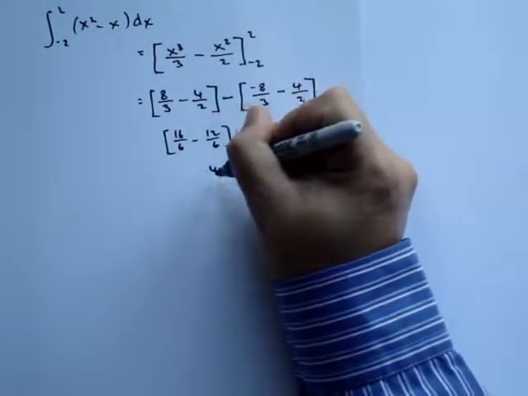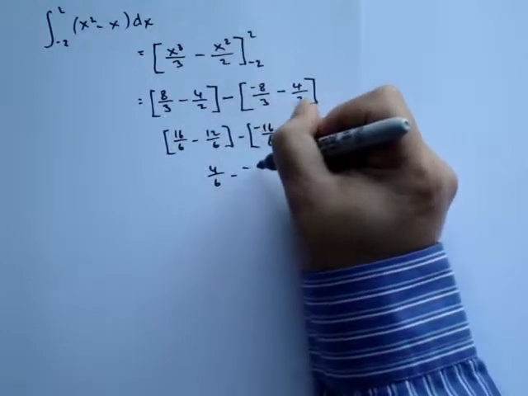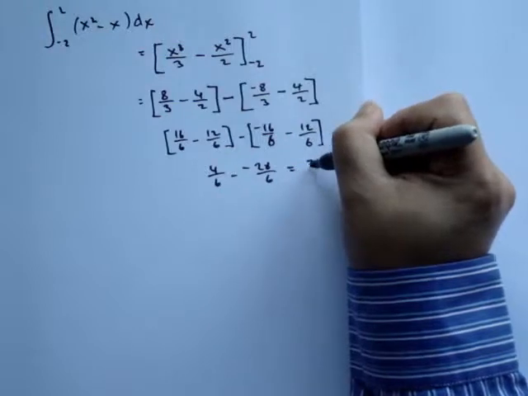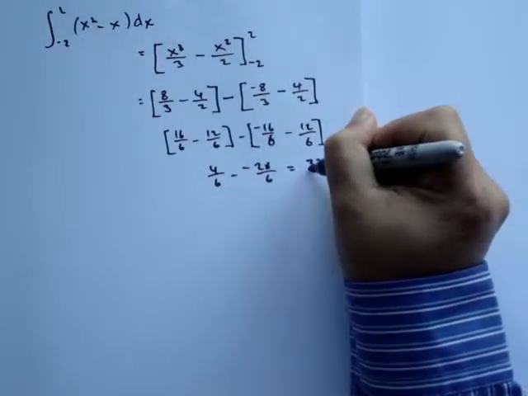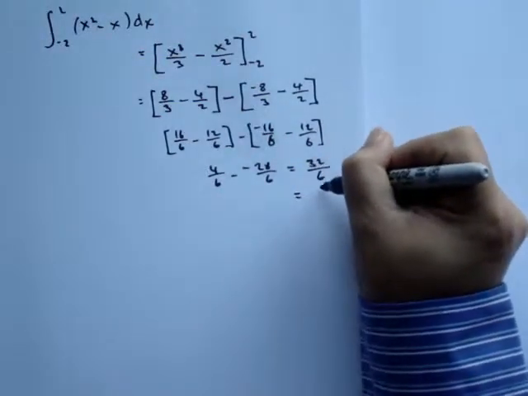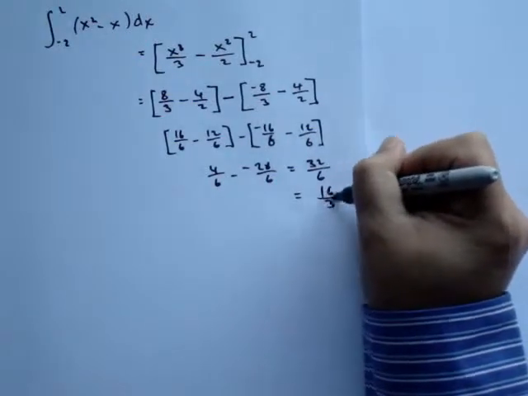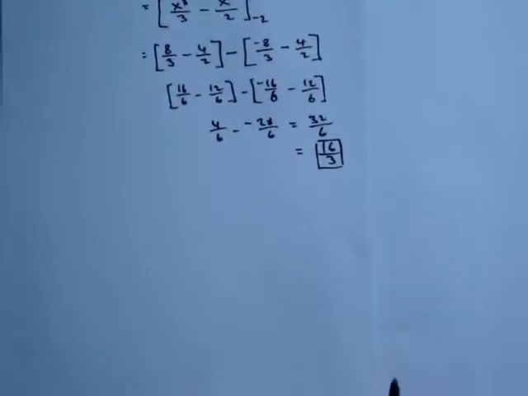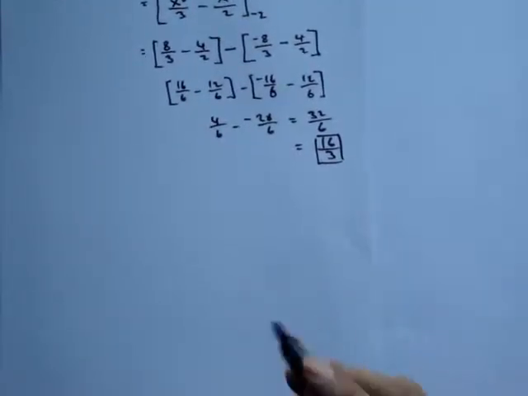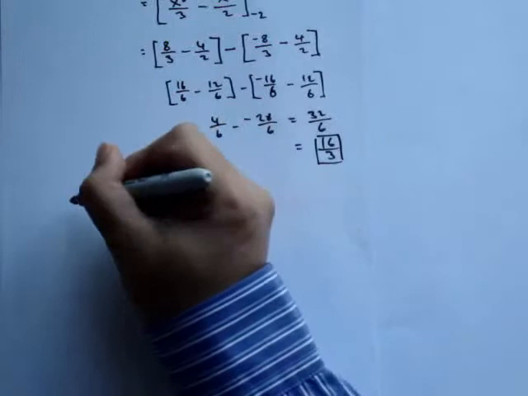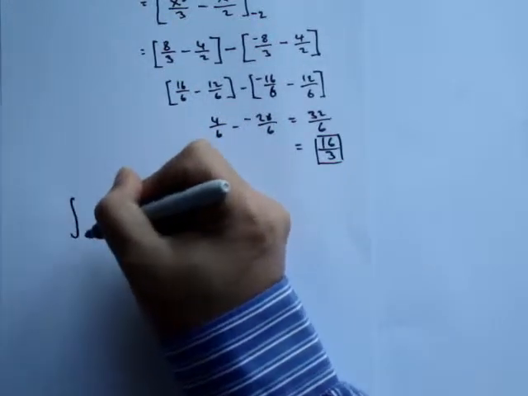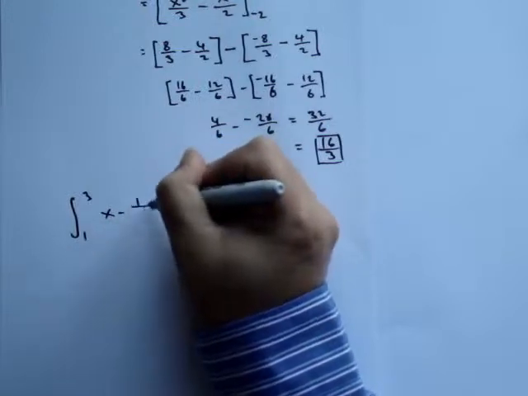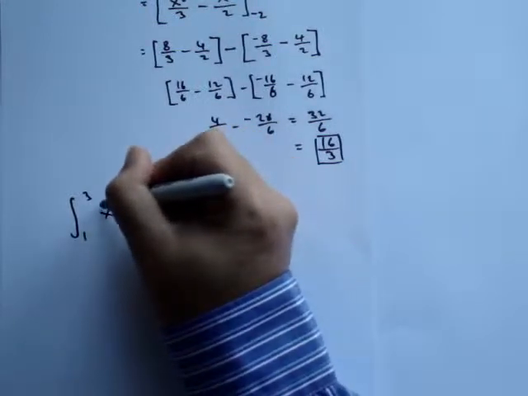This is 4 over 6 minus 28 over 6, which is 32 over 6, or 16 over 3. And that is our answer. So let's have another example. The definite integral between the limits 1 to 3 of x minus 1 over x squared dx.